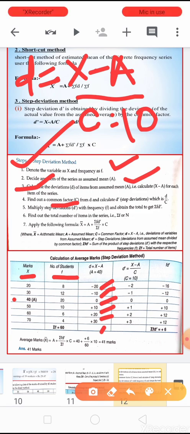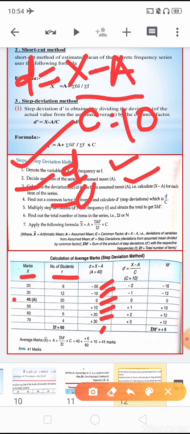So we are going to find d dash, and d dash is calculated by dividing d by c. So d here is minus 20, and minus 20 divided by 10 is minus 2, then minus 1, then 0, then plus 1, plus 2, and plus 3.